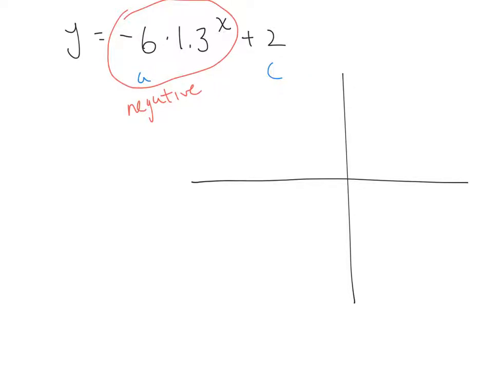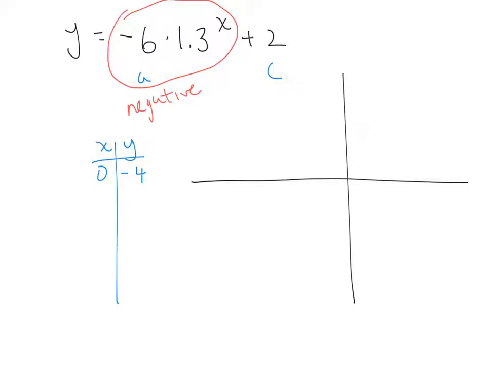Let's take a look at a couple of these values and see what we get. If we put in 0 for x, then 1.3 to the 0th is 1. Then we get negative 6 plus 2, so we get negative 4. So of course the negative 6 causes us to shift our y-intercept substantially again, just as it did in an earlier slide.